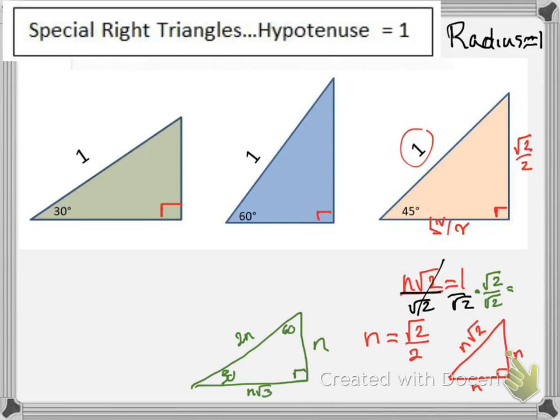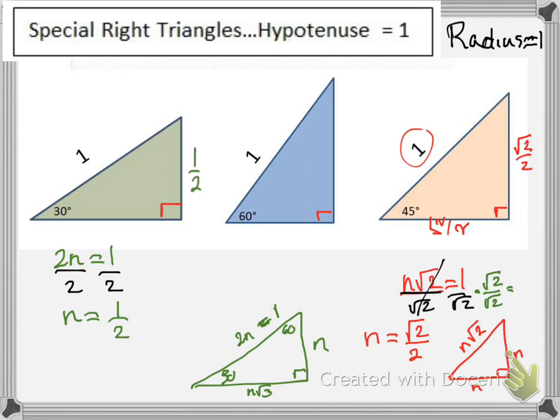So in this case, I'm looking at a triangle where the 2n side is 1. So if 2n equals 1, and I want to get the n by itself, I will find out that my n side is 1/2. So in this picture, the side that's opposite from 30, the shortest side, should be 1/2.